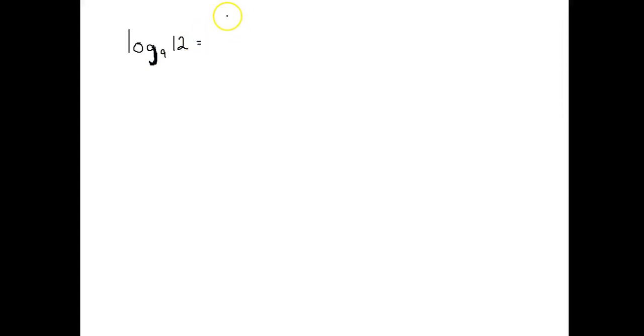So, according to the change of base formula, I can use common log, log base 10 of 12, divided by log base 10 of 9, and I can figure out what that equals. Or, I can use natural log of 12 over natural log of 9. It really doesn't matter what base you use here, as long as you use the same base on the top as you do on the bottom.